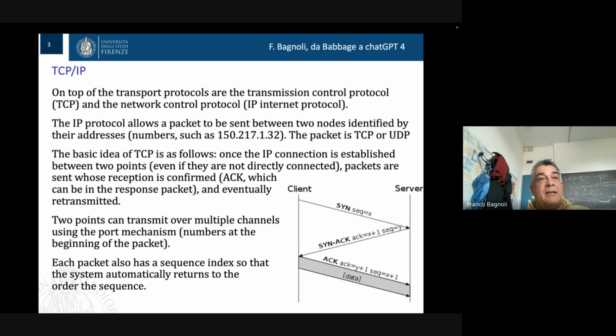It is a bidirectional channel, and each packet of data may contain an acknowledge, if everything went well, of the previous transmission, plus other data, or just the acknowledge. And clearly, if you don't receive the acknowledge, you have to resend the data.